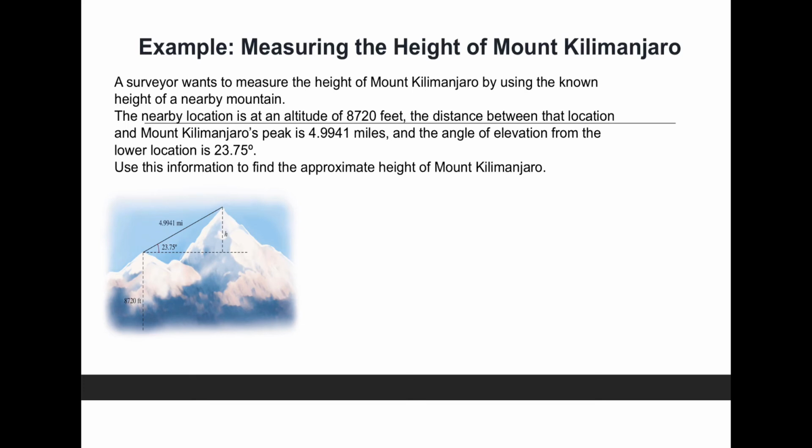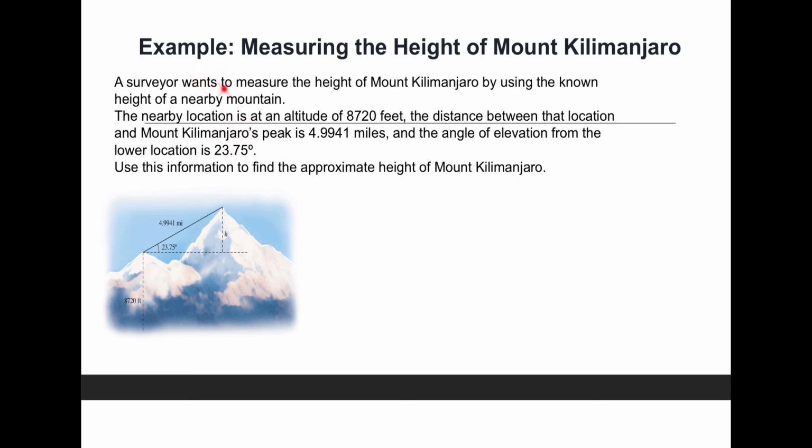Looking at another example, similar thing, but we're located on a mountain. We know the height of the mountain we're on over here, that it's 8,720 feet above sea level. And then we have another point up here we want to measure, and we want to know what the height difference is.